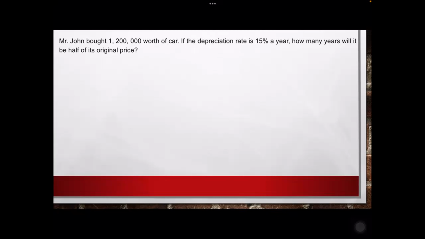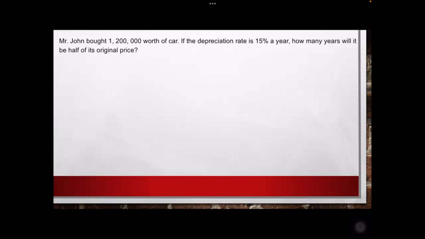Habang tumatagal yung car, ay bumababa yung value niya. Hindi siya tumataas. Compare sa lupa, or real estate, habang tumatagal ay tumataas ang value. So, baliktad sila. Yung car, mahal siya ngayon, pero after 10 years, mura na siya.